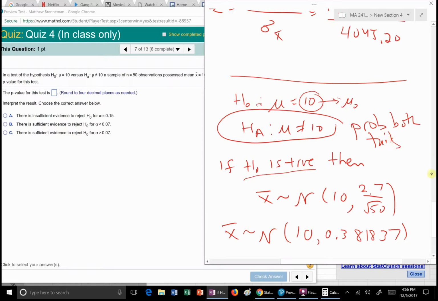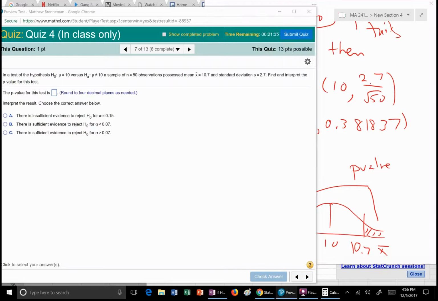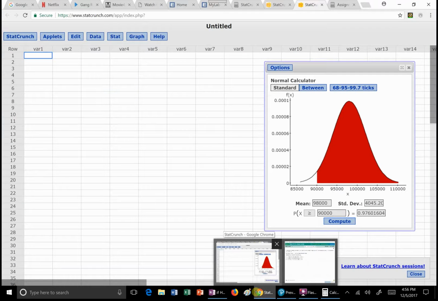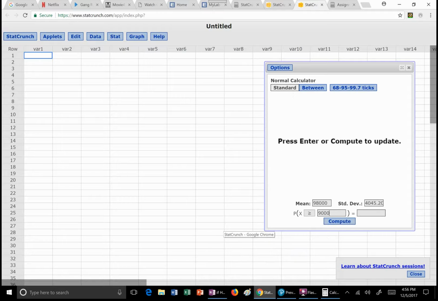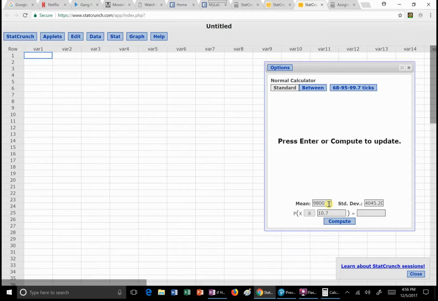Okay. So let's go ahead and compute the probability in the one tail first. Okay, so I know this will be 10.7. That's my test statistic. The mean under the null hypothesis is 10.